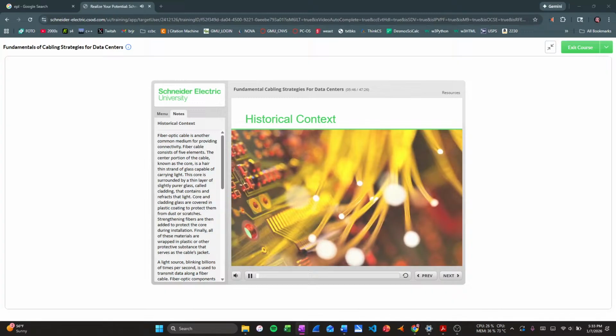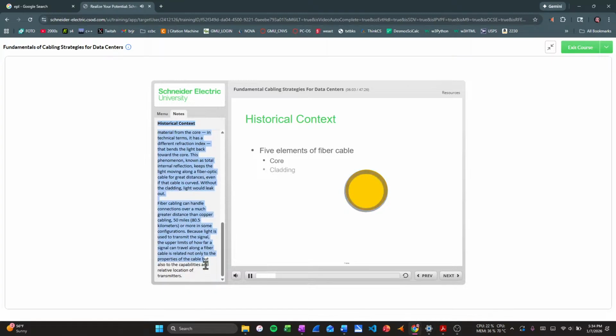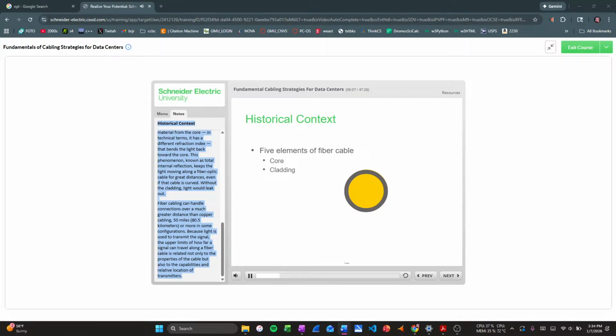Fiber optic cable is another common medium for providing connectivity. Fiber cable consists of 5 elements. The center portion of the cable, known as the core, is a hair-thin strand of glass capable of carrying light. This core is surrounded by a thin layer of slightly purer glass called cladding that contains and refracts that light.